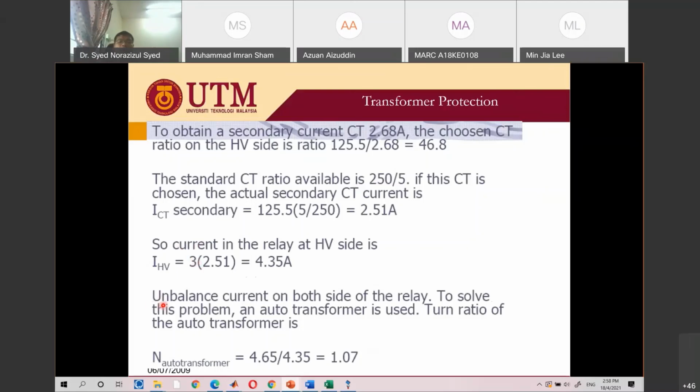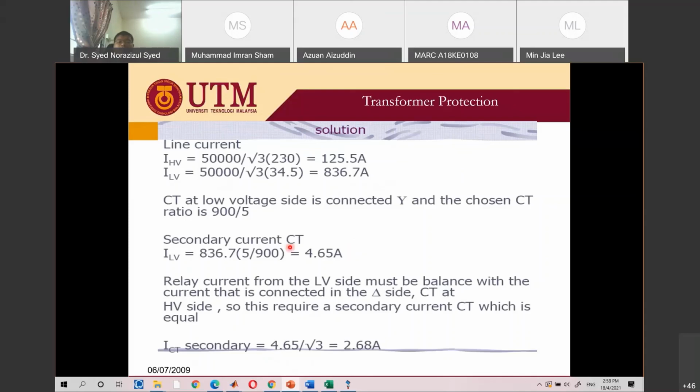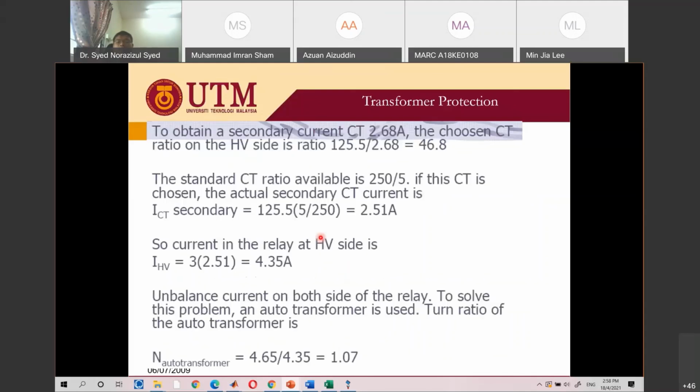Unbalanced current on both sides of the relay. To solve this problem, an auto transformer is used. The ratio of the auto transformer is 4.65 and 4.35. 4.65 is based on ILV, and 4.35 is based on the HV side. So you get 1.07.